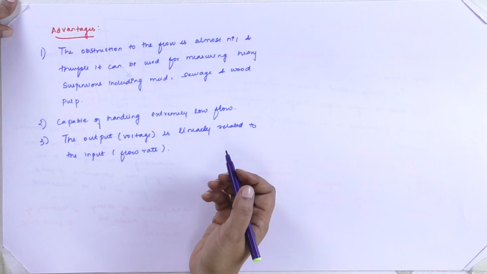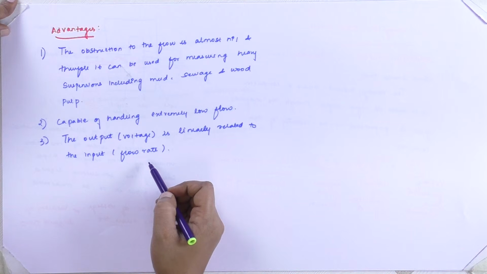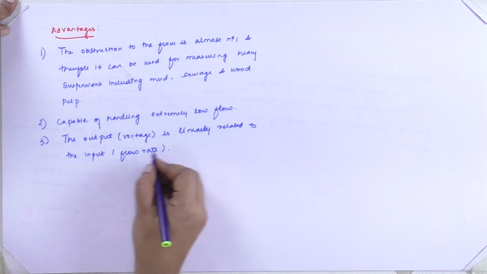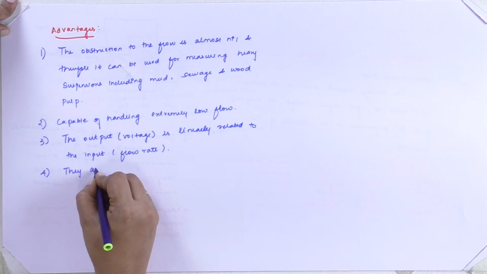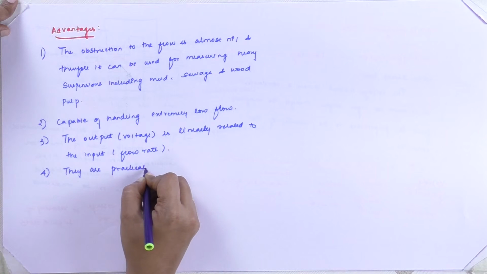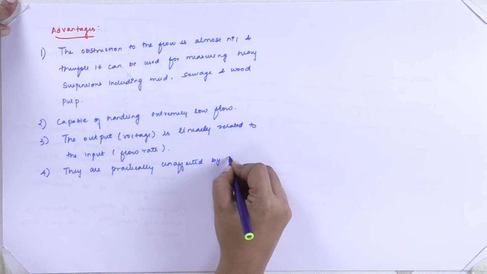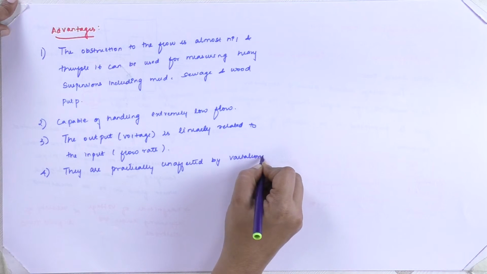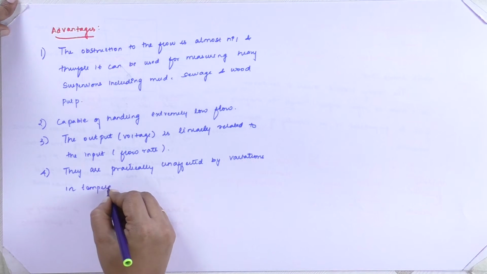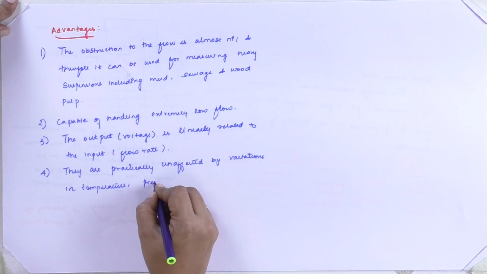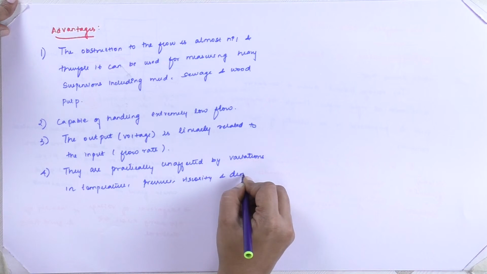Output voltage is directly proportional to B into V into D. So the output voltage is directly proportional to the flow rate or the velocity of flow, that is V. So it has a linear relationship, and they are practically unaffected by variation in the characteristics of liquids such as temperature, pressure, viscosity and density.